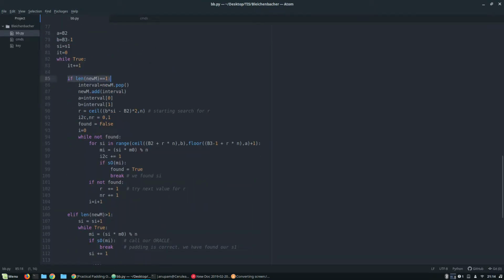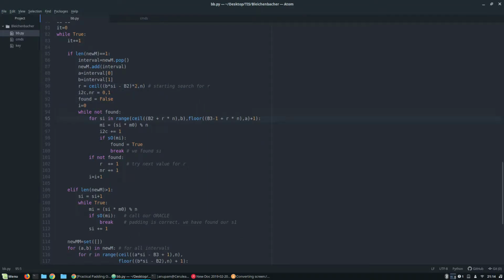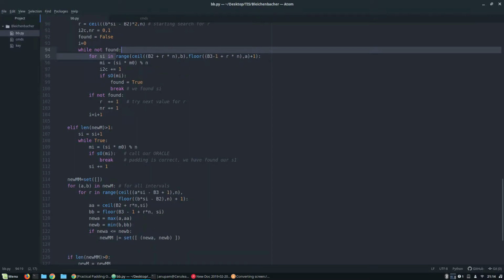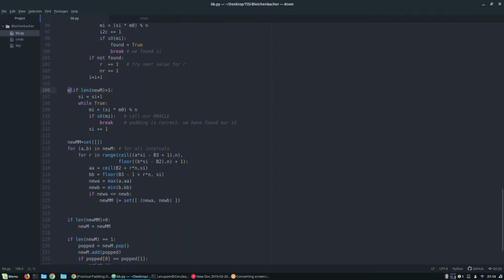Then this is our simple code. You take this code into consideration if we have a single interval for our m0, and we are going to get the value of r as this, as we discussed before, and we change the limits of si to this one, which is in fact lesser than the previous one, and this is our optimization.